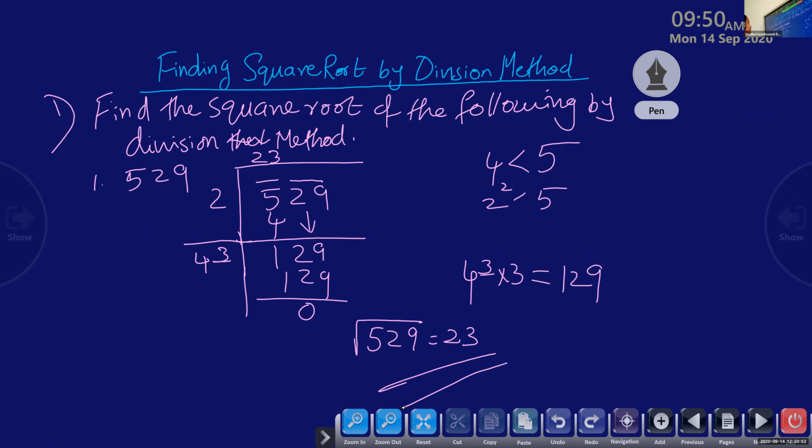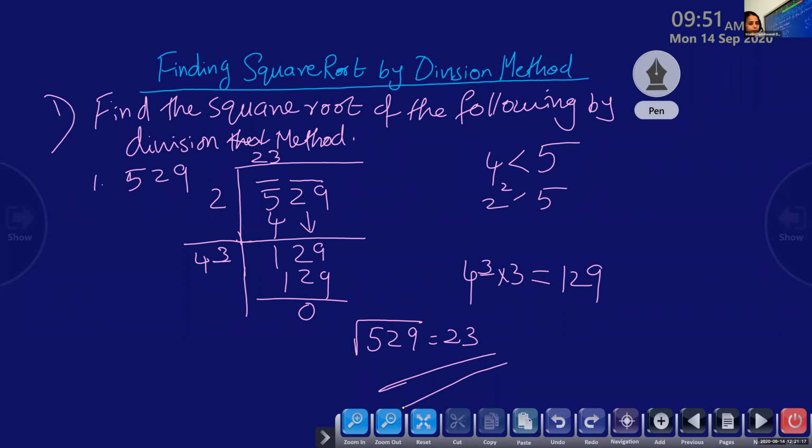First of all, we will group it from right to left. So 29 is the first bar and 5 is the next bar. The number under the first bar is 5.